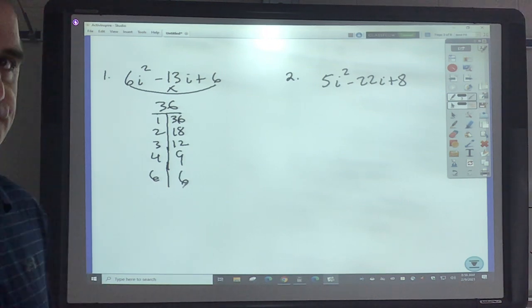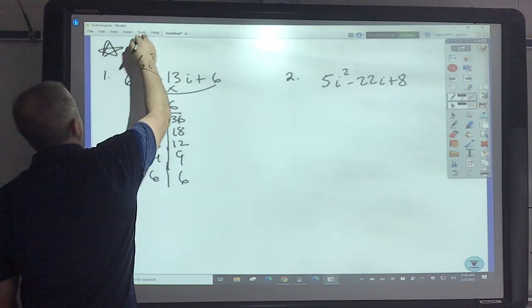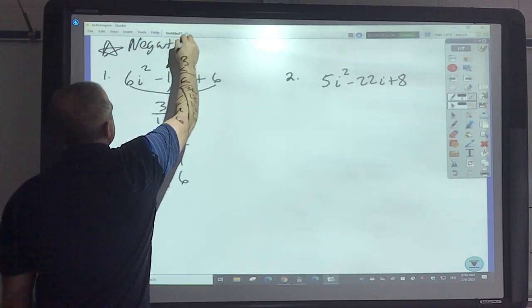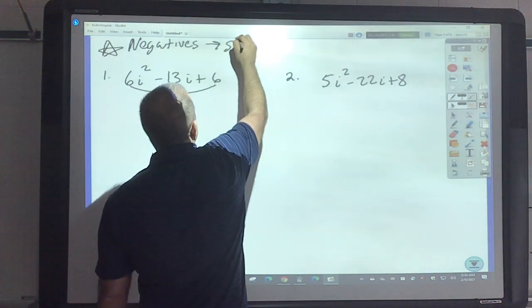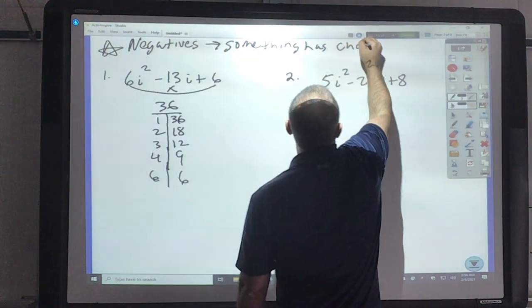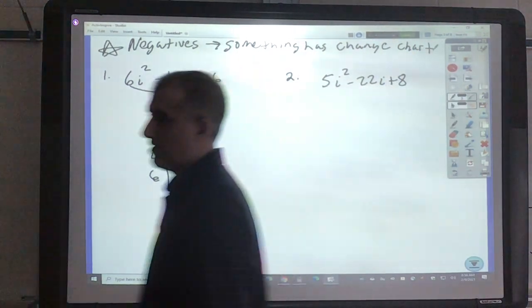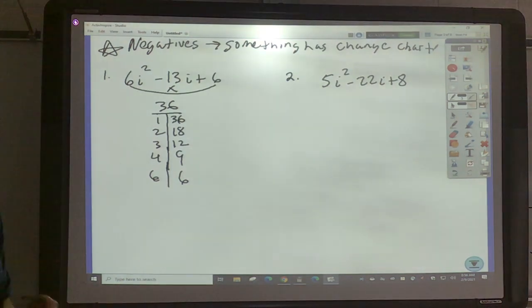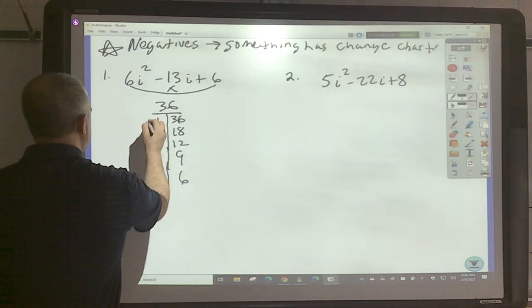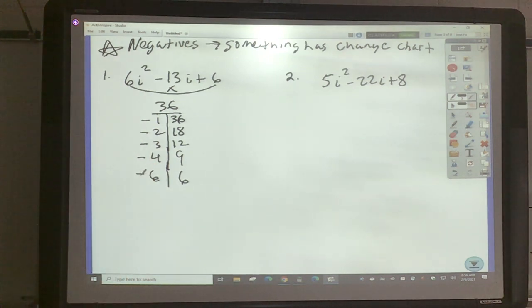Now, here's the problem. I want you to put a big star. Negatives: if you see negatives, something has to change in your chart. Let's say I make one side negative.